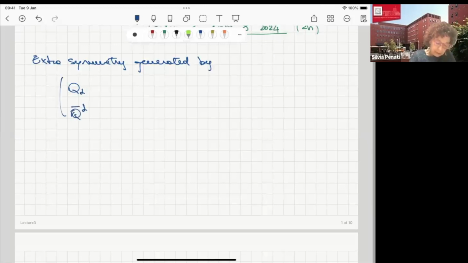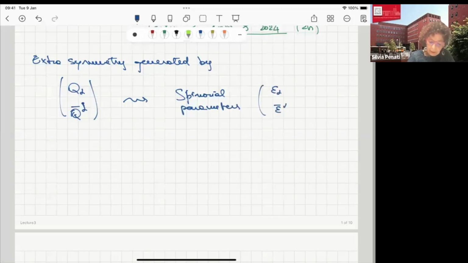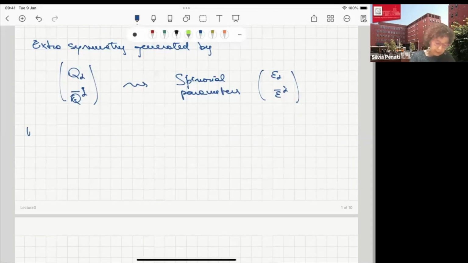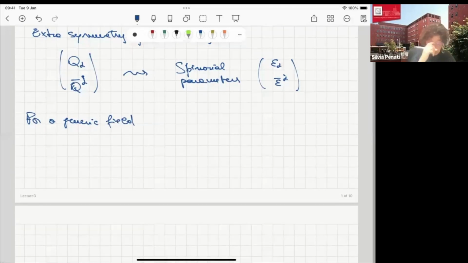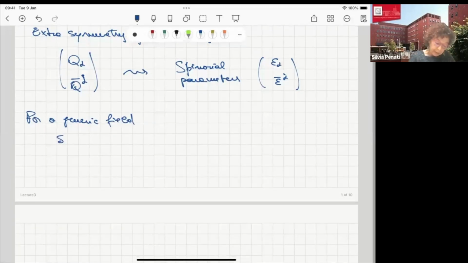They are indeed the Weyl components of the Majorana spinor, and correspondingly the transformations are described in terms of spinorial parameters that we call epsilon alpha, epsilon bar alpha dot, in the sense that for a generic field phi, the kind of transformation that we were considering can be written as the action of the operator epsilon alpha Q alpha plus epsilon bar alpha dot Q bar alpha dot on phi.